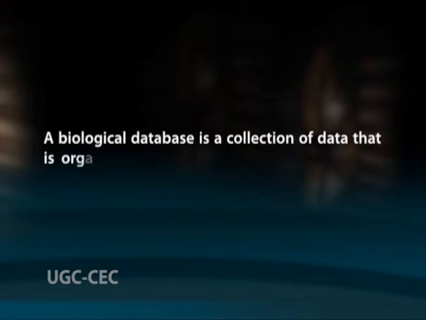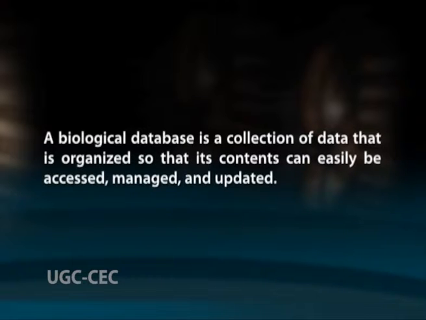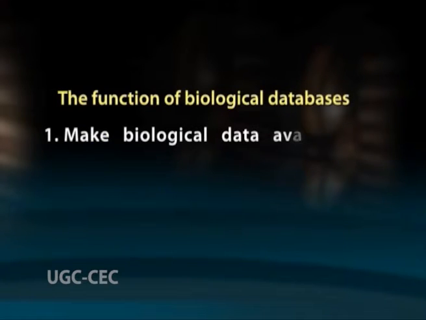A biological database is a collection of data that is organized so that its content can easily be accessed, managed and updated. The functions of biological databases are divided into two. One, to make biological data available to scientists. All possible data for a particular type of information should be available in a single place.